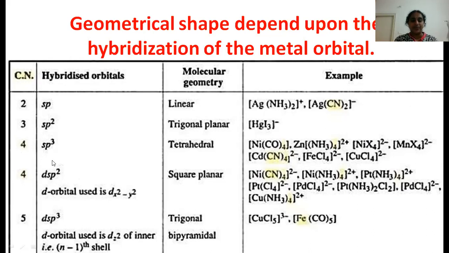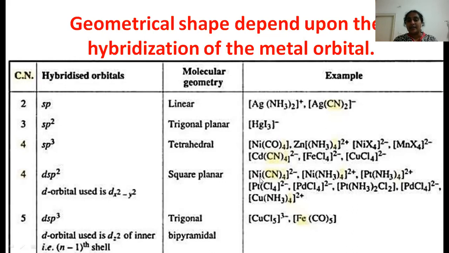If the complex shows dsp2 hybridization, then the geometry is called square planar. In these two complexes the coordination number is the same, 4, but here the metal undergoes sp3 hybridization, whereas here the metal undergoes dsp2 hybridization. If the metal undergoes dsp2 hybridization, then the geometry of that complex is square planar.